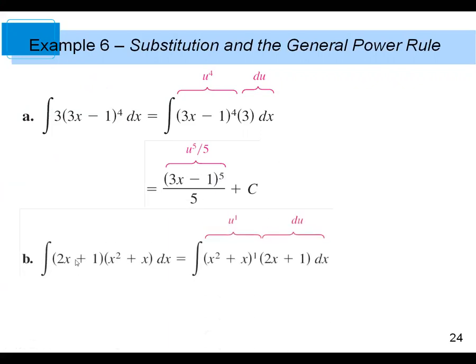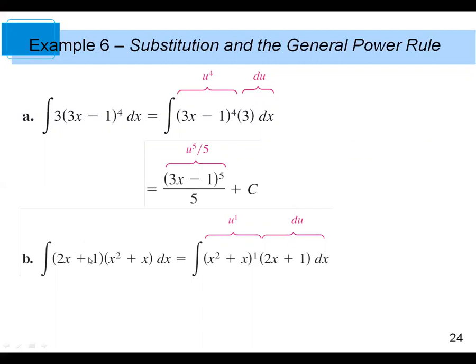So here I have 2x plus 1 times x squared plus x. Notice that this right here is the derivative of this factor. So here's the interesting thing. This factor is not raised to a power. Previously, when we first started integrals, we said you can't antidifferentiate a product. You have to distribute it out or FOIL it out.